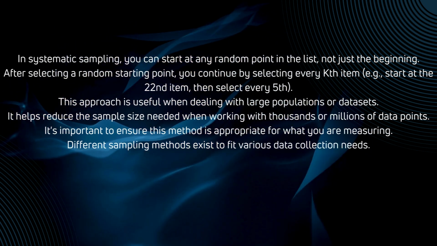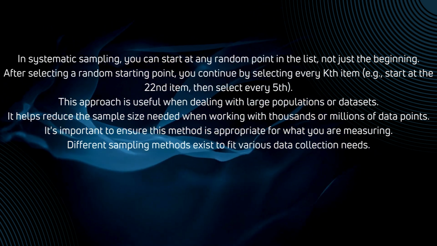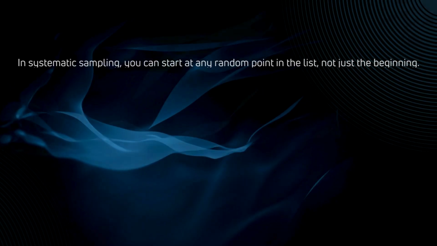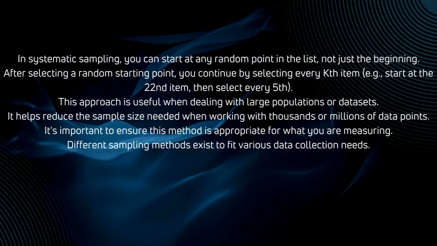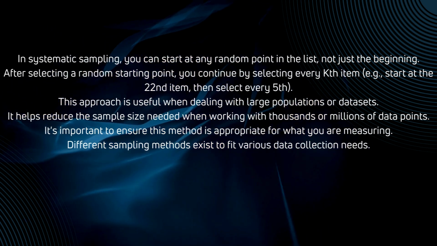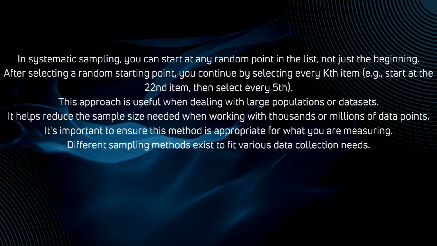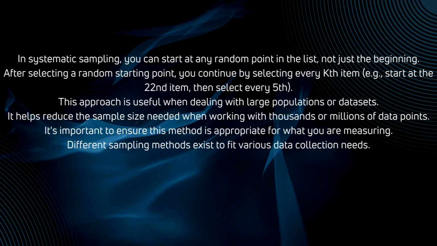So our random generator says that we pick classrooms number 3, 5, 13, and 19. We would survey every single person in those 4 classrooms. So that is cluster sampling.